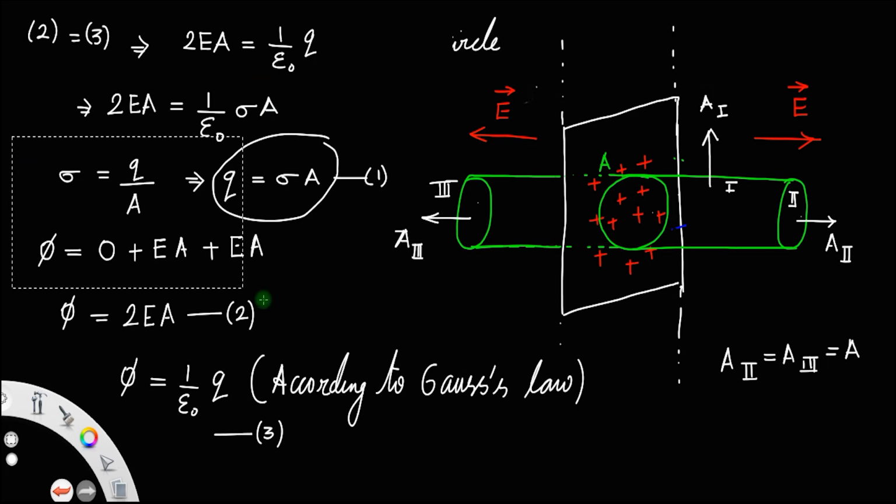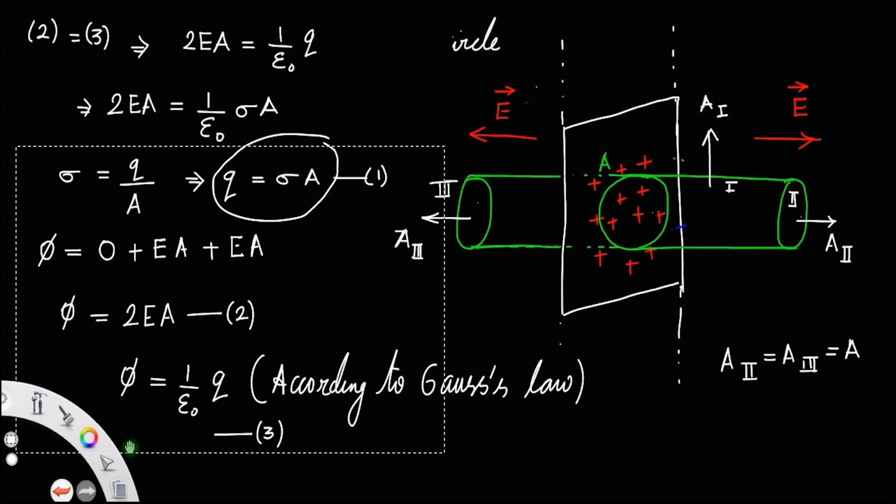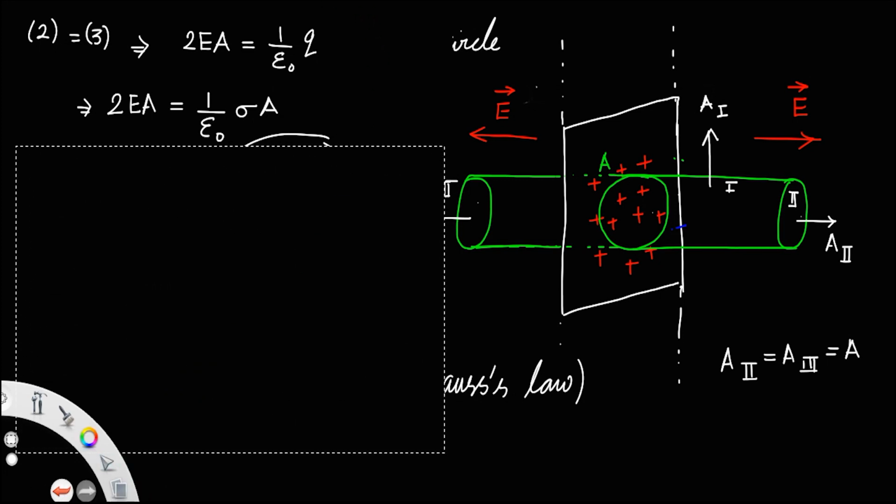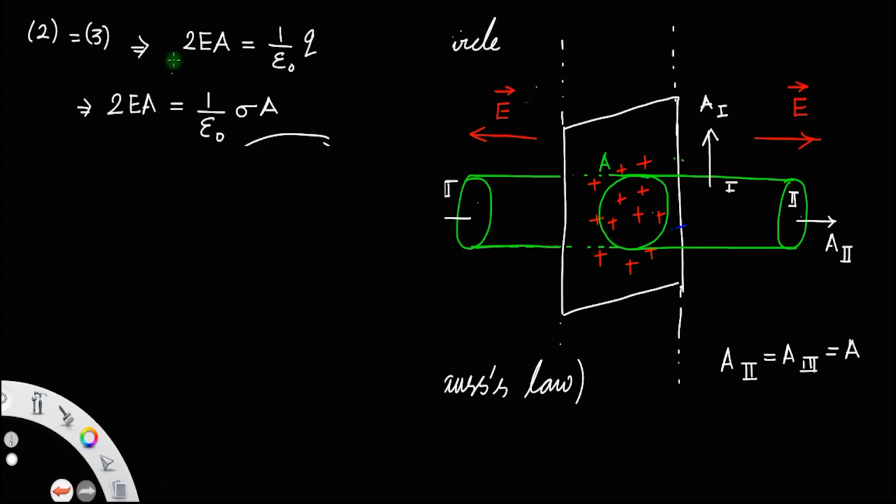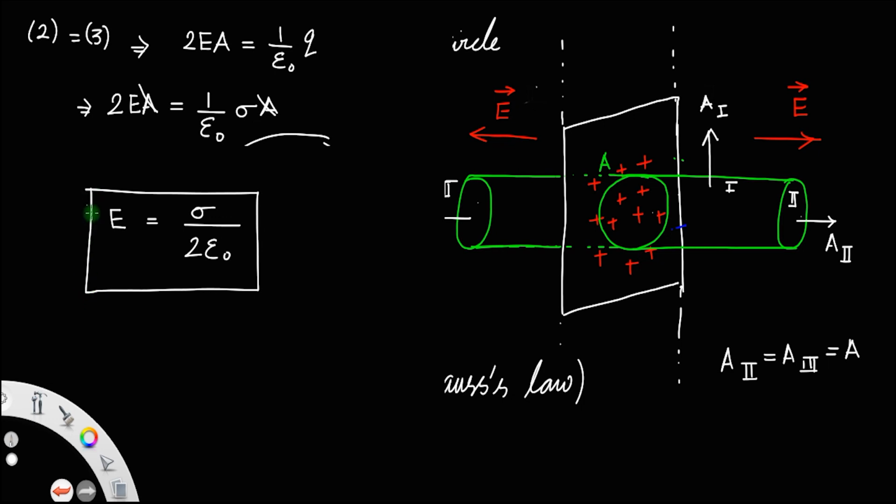Clear? So you can cancel this A. Therefore, E is equal to sigma divided by 2 epsilon 0. So this is the expression for electric field due to an infinite long plane sheet. Remember, the electric field is along the direction away from the sheet and is horizontal, or perpendicular to the plane of the sheet.